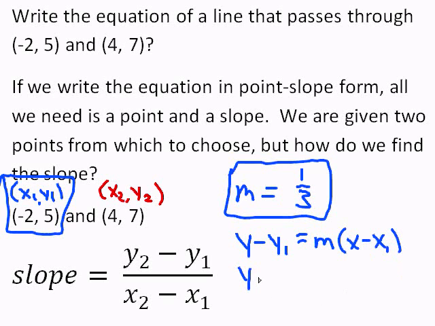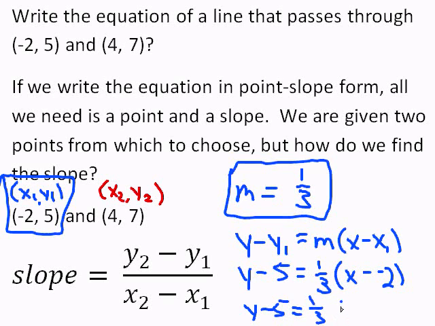We substitute in our y1, so y minus 5 equals our slope we found out was 1/3, x minus our x1 is negative 2. So this gives us y minus 5 equals 1/3, x minus negative 2 gives us x plus 2.